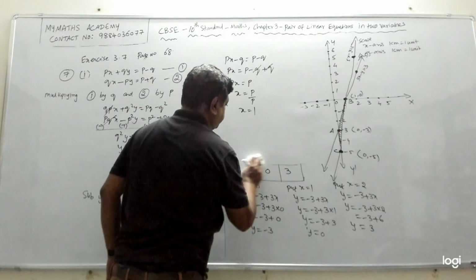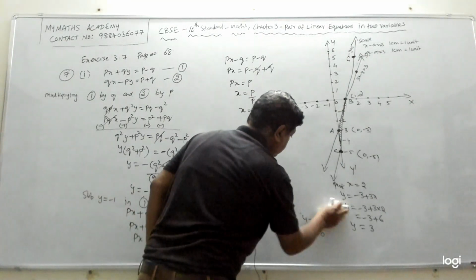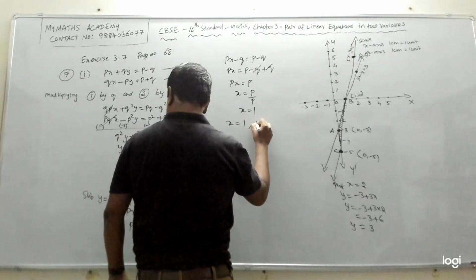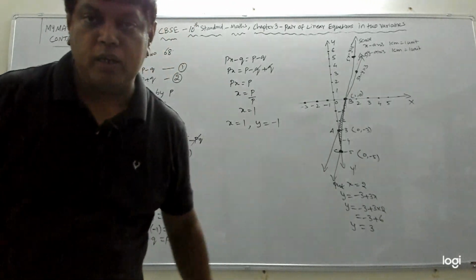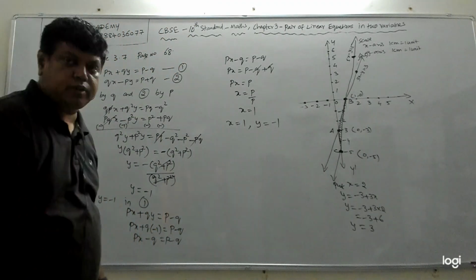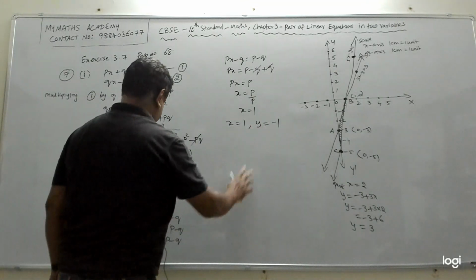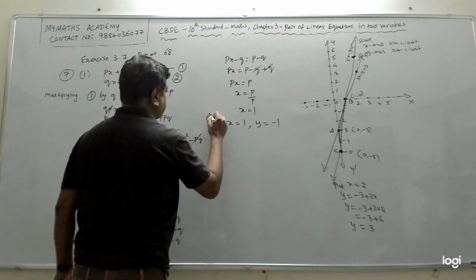Solution is x is equal to 1 and y is equal to minus 1. Clear? So this is how we solve these two equations, and we have found the value of x and y. Right? So x is 1 and y is minus 1. So that is the answer.